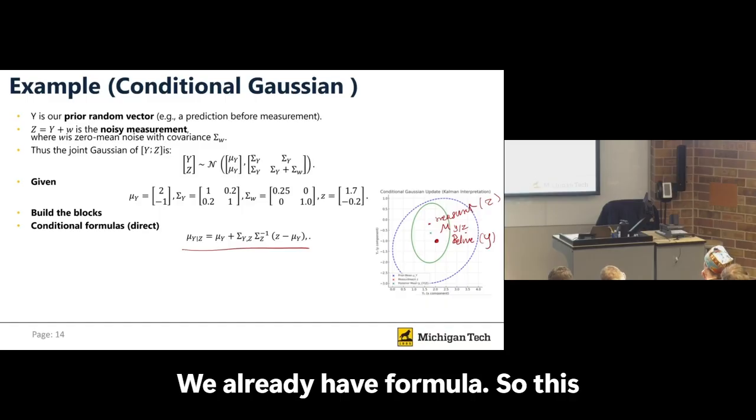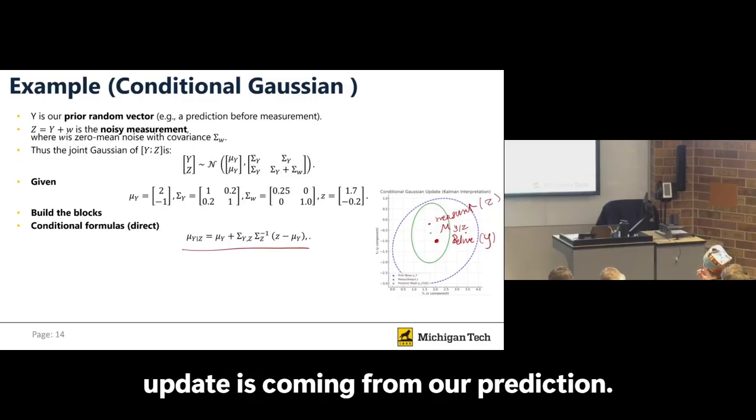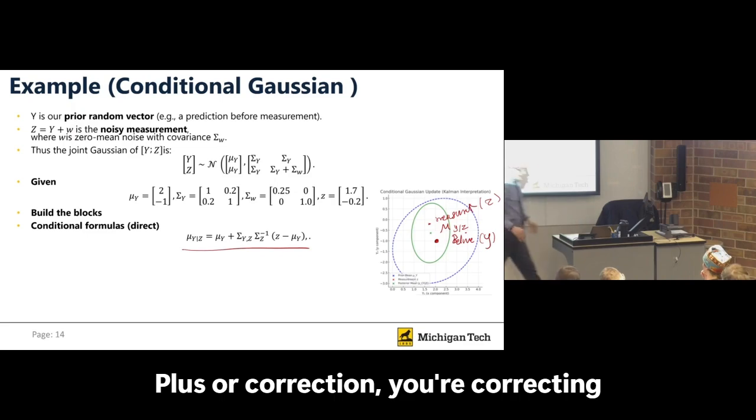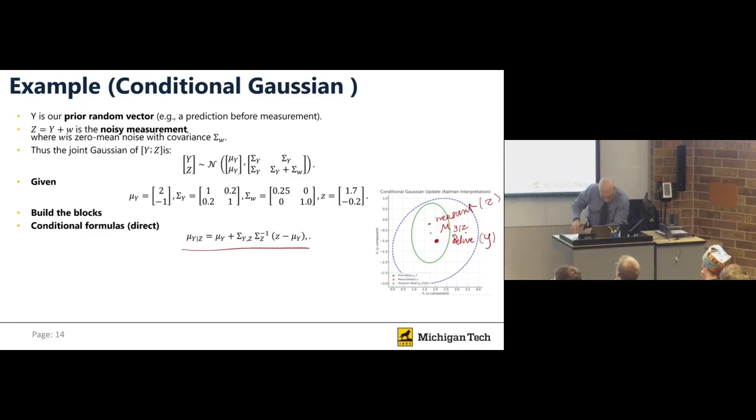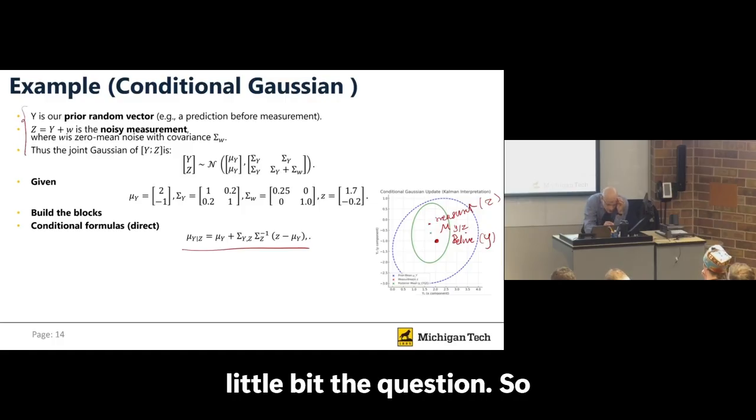We already have the formula. So this formula shows the new update, the update is coming from our prediction plus our correction. We are correcting that. OK? So first, I need to explain a little bit of this part, the question. So we have y.